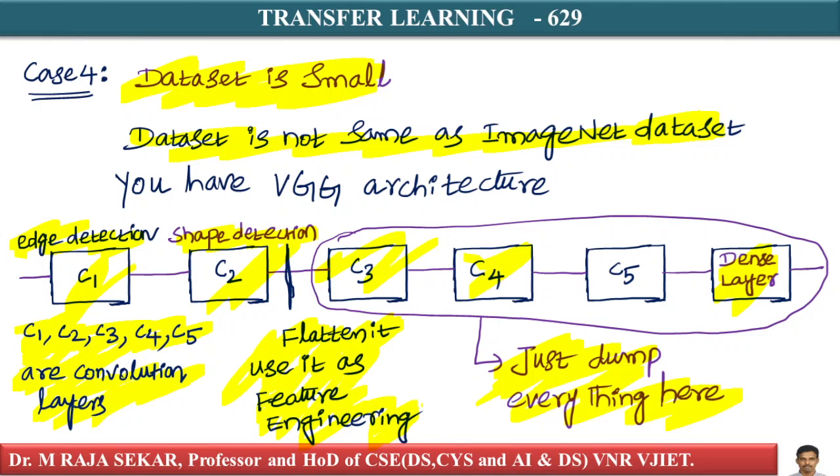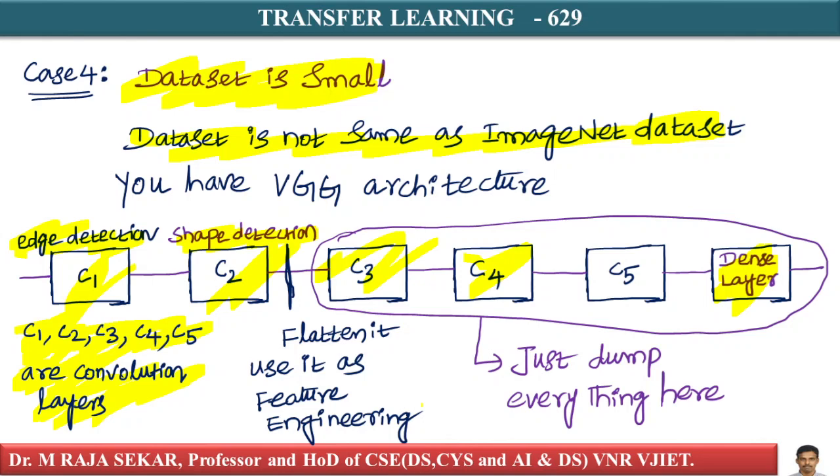But still, imagine I have an image data set: edge detection and shape detection are still useful. Why? Because I am assuming it's image data.